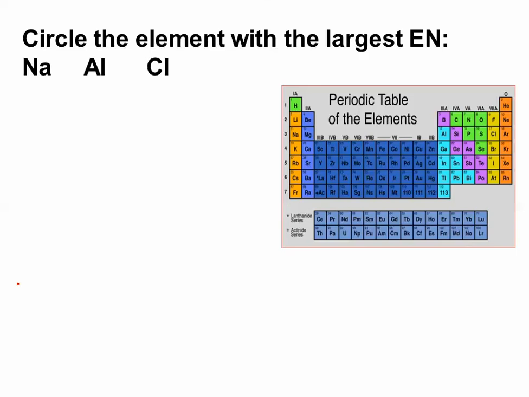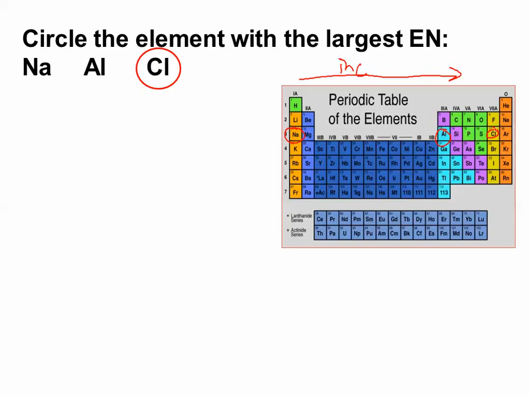All right, so let's circle the one with the largest electronegativity. So we have sodium, aluminum, and chlorine. So look, we know as we go across, electronegativity increases. All of these are in the same period, so chlorine is going to have the largest electronegativity. We also know that of these three, chlorine is the smallest.